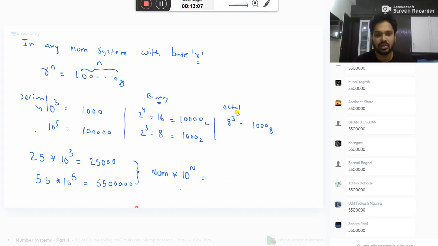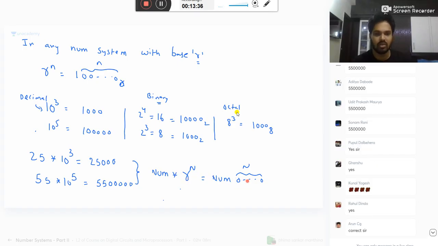Here 10 is decimal. If you have a number and multiply that number with r power n, what answer will you get? Number followed by n number of zeros. Is this relation correct or not? I will prove it in binary also if required. Number multiplied by 10 power 3 is number followed by 3 zeros. So number multiplied by r power n is number followed by n number of zeros.